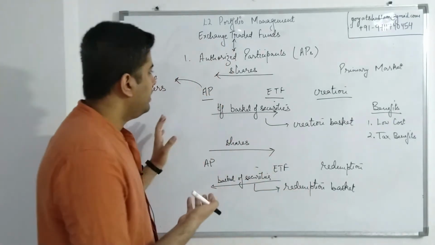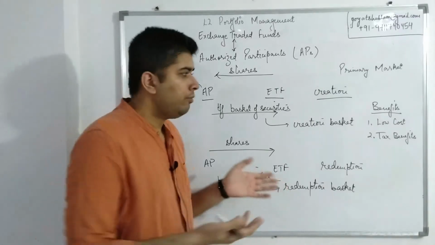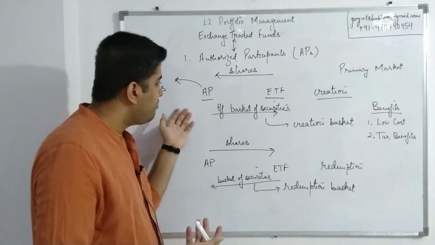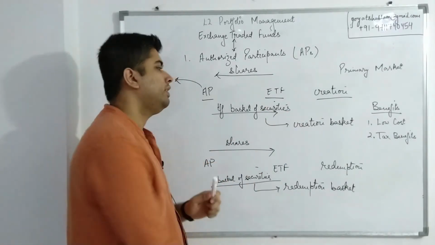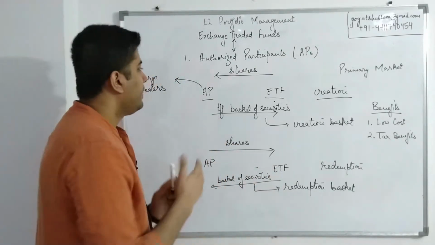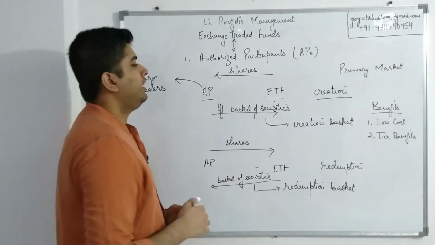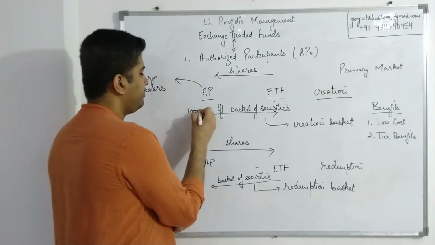In this particular case, because the creation and redemption are both in kind, I'm not realizing the gains. For example, the AP might have transferred the basket of securities. For a moment, let's assume the securities in the creation basket and redemption basket are identical. There's no difference. When the AP gave the creation basket to the ETF, the value of all the securities was 1000 rupees.